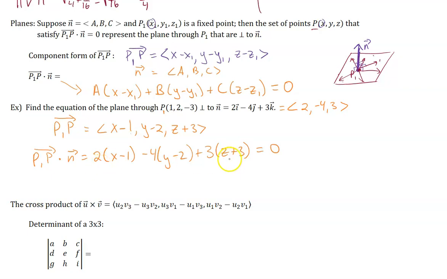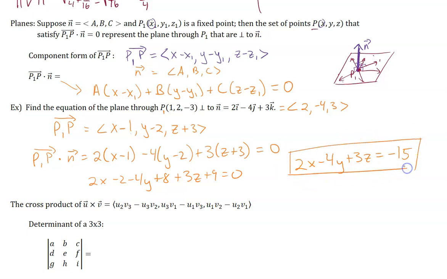Now I'm just going to distribute and rearrange. So we get 2x minus 2 minus 4y plus 8 plus 3z plus 9 equals 0, and then we've got 15 over on this side. I'm going to add that to the other side, so we get the equation of the plane is 2x minus 4y plus 3z equals negative 15. So that is the equation of the plane.